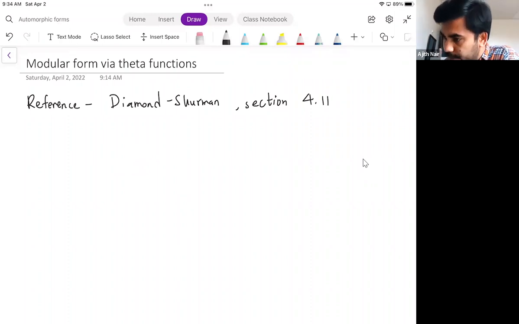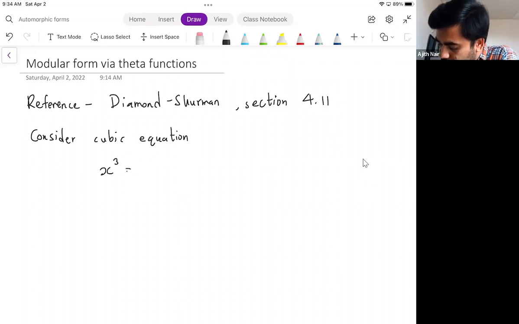So let me begin by describing what that is. Consider this cubic equation x cubed equals d, where d is a positive integer which is cube free.